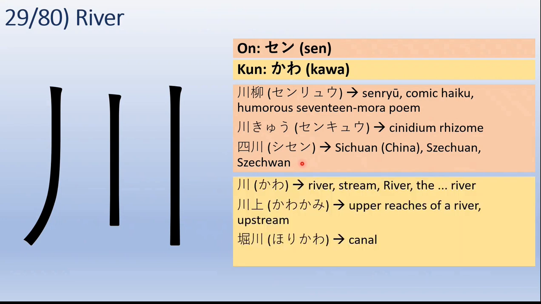In Kun'yomi, we have Kawa for river, stream. Then we have Kawakami for upper reaches of a river or upstream. And we have Horikawa as the canal. It is a radical in itself, Kawa radical or river radical, and the strokes are very, very simple.